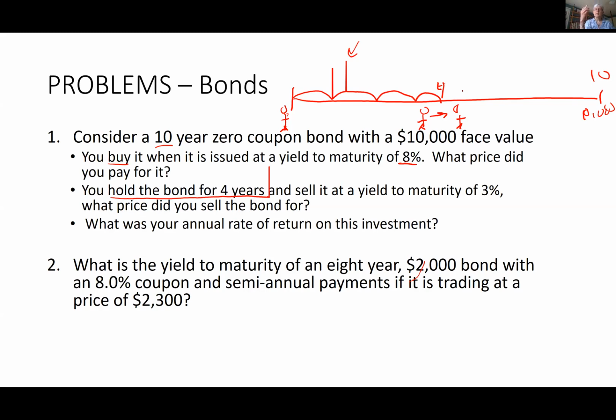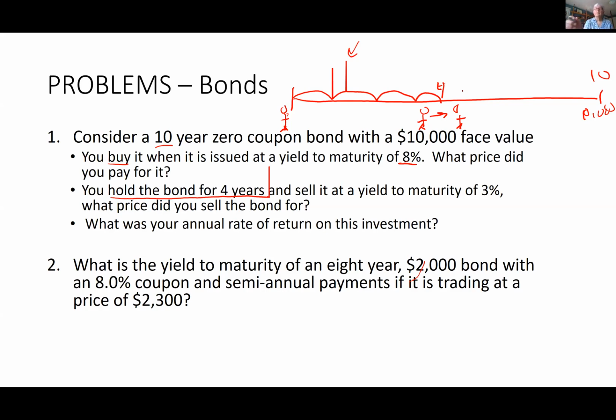So the price that you sell it for, the bond market is a competitive market. And the price that you sell it for is the price that that person buys it for, which feels obvious, but people don't put that together in this problem.